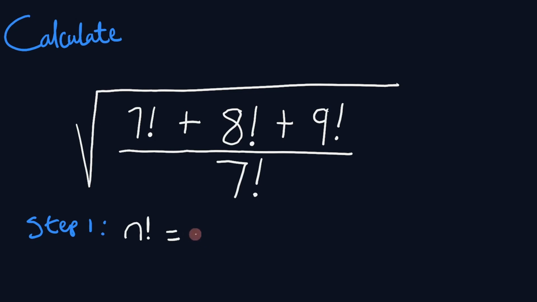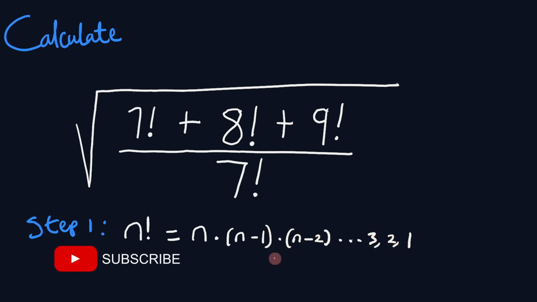What do I mean? For any number n, the factorial is n multiplied by n minus 1, multiplied by n minus 2. We'll continue until we get to 3, 2, and 1. We keep multiplying by a number that is 1 less than the previous number until we get to 1. Then we can say that this is n factorial.